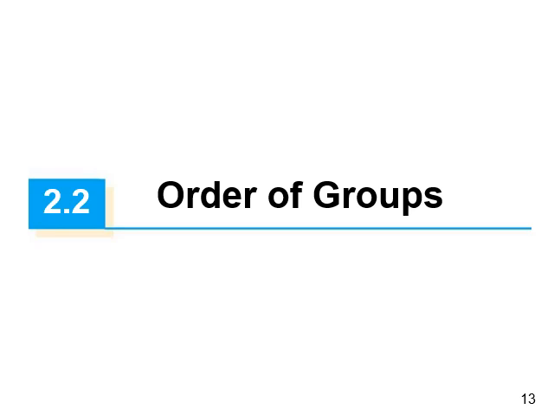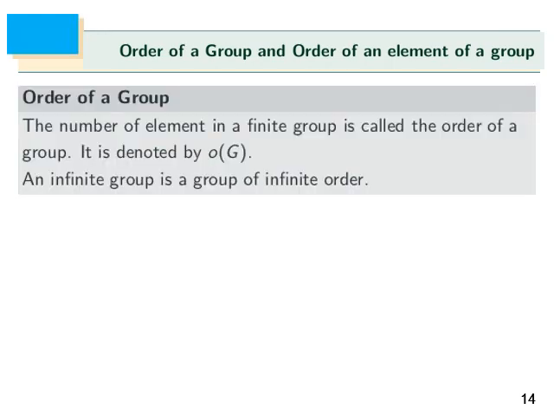Order of a group and the order of an element of a group. The number of elements of any finite group is called the order of the group. It is denoted by O(G). The order of a group is the number of its elements.